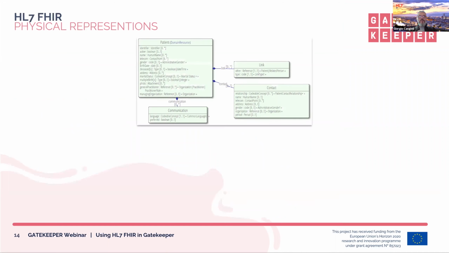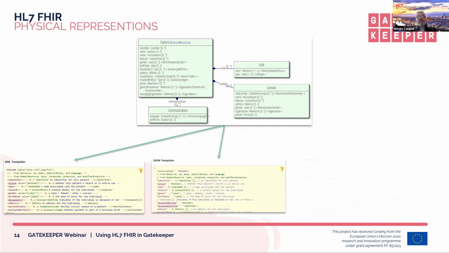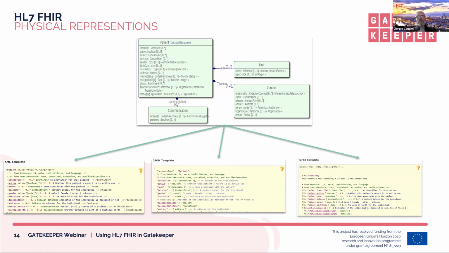When you go there, you have an abstract logical description of the content. This content, in release 4 of FHIR, which is the currently published version, may be implemented by using an XML representation, a JSON representation, or a Turtle representation.